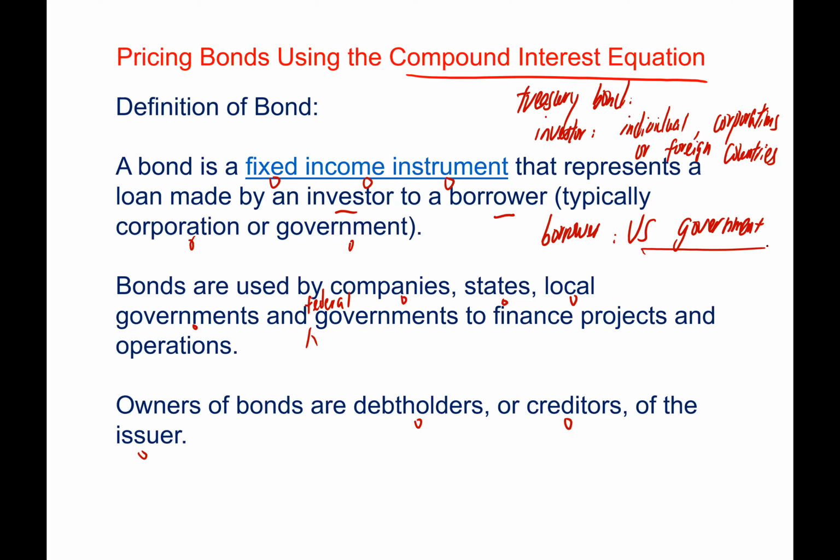So the investor is typically what we call the bondholder, and the borrower is what we call the bond issuer.